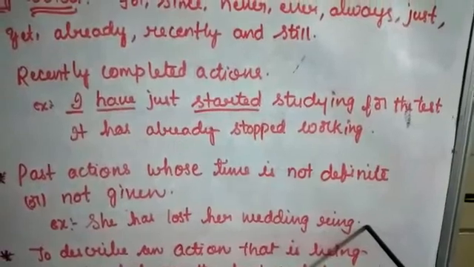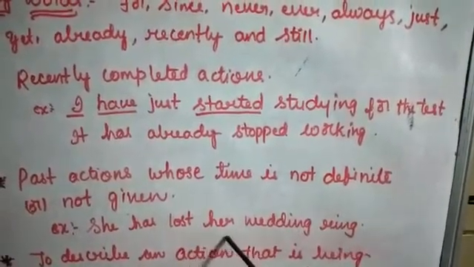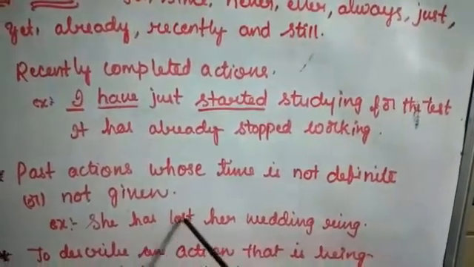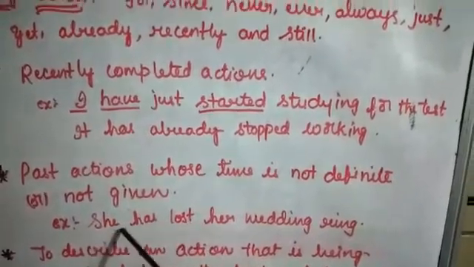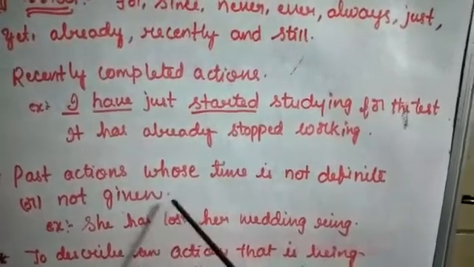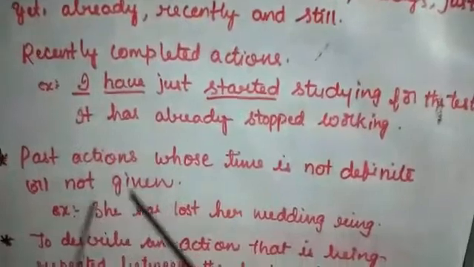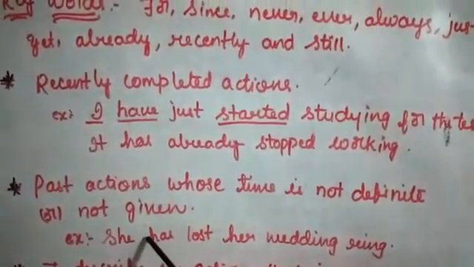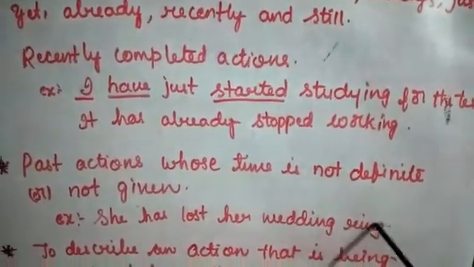Is there any specific, definite time? Not given. So these actions come under present perfect tense. Has lost. Subject plus has or have plus V3. She has lost. It is in present perfect tense. Still it is a past action. Being a past action, we have written it in present perfect tense because the time is not definite and not given.